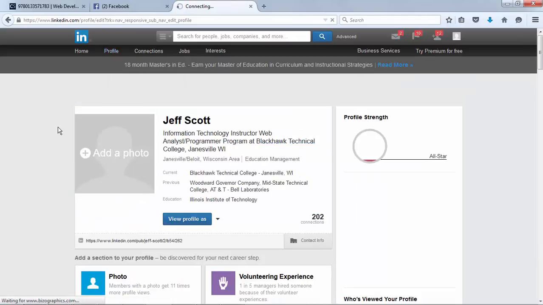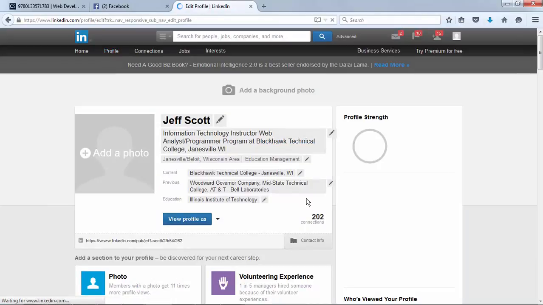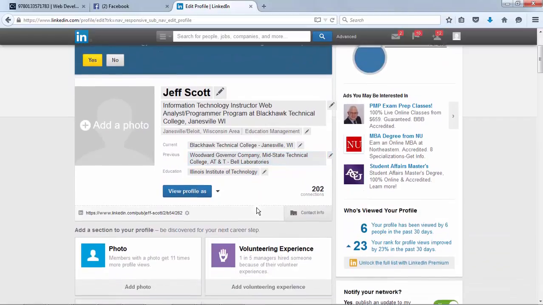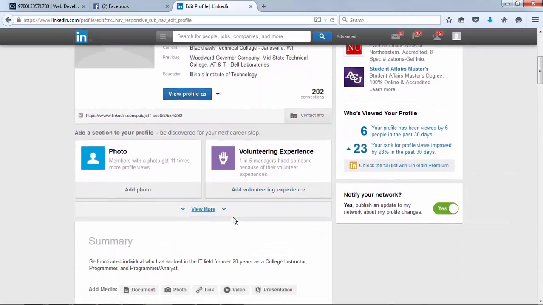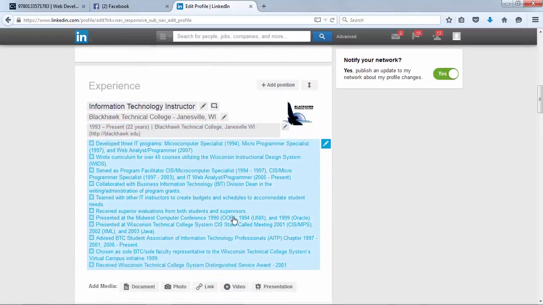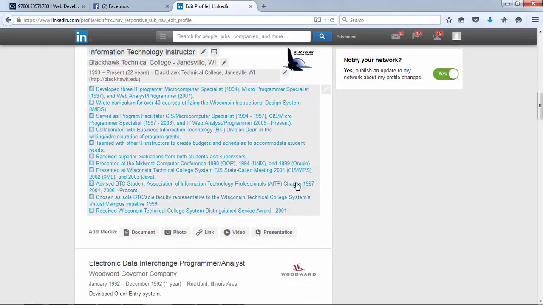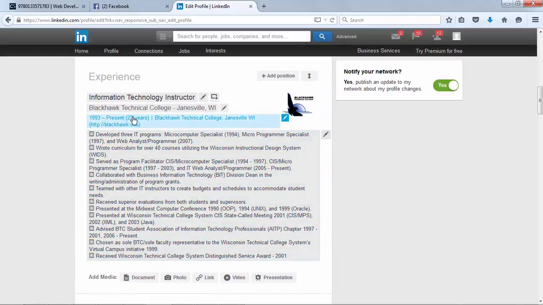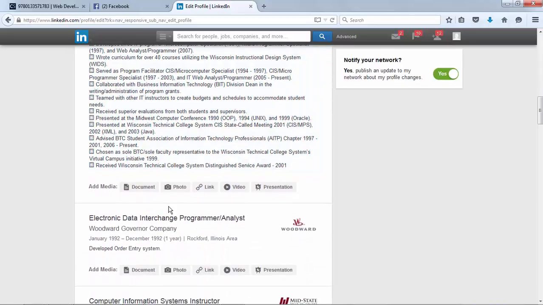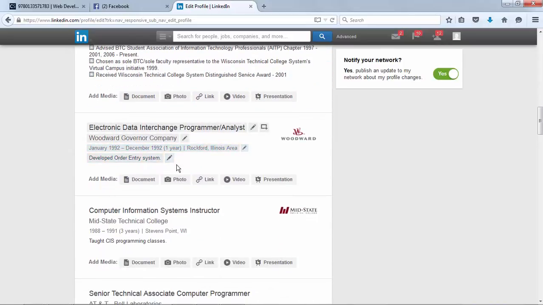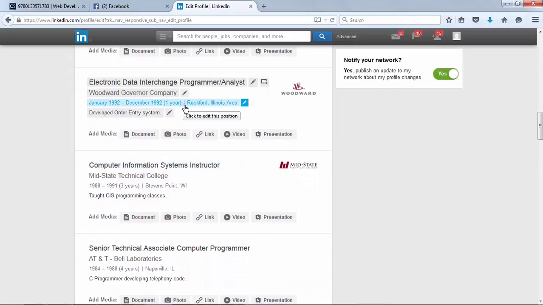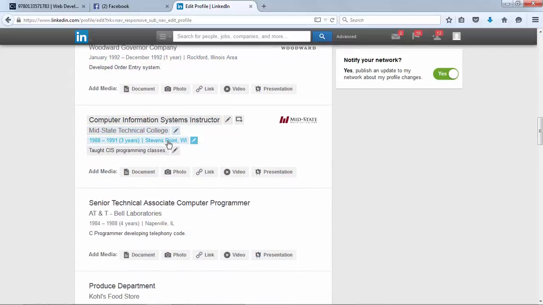Profile, edit profile. What I have basically here is the equivalent of what I have on my resume. Information technology instructor. Well, now it's 23 plus years, so I probably should update that. What I did before, I worked at Woodward Governor Company. I was a teacher at another technical college.